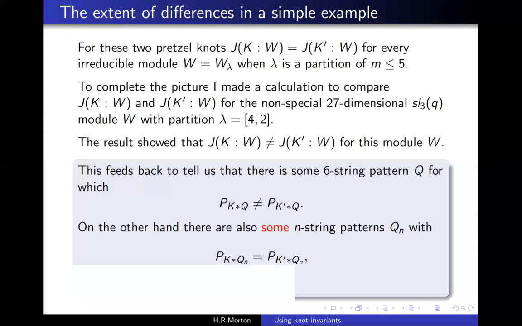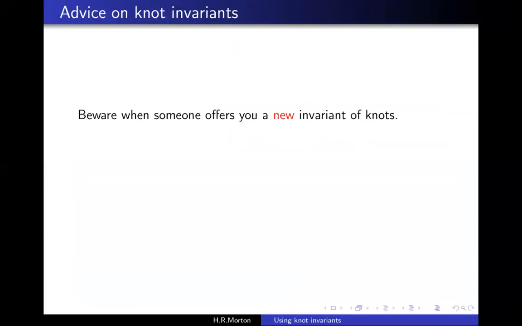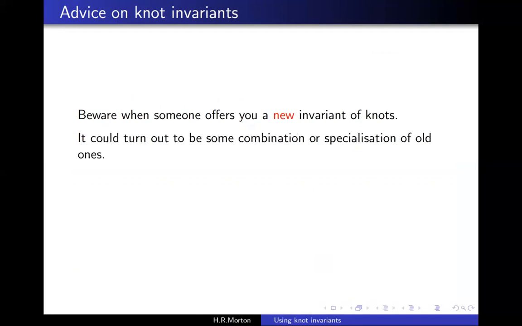So just as a sum up, beware, keep your eyes open when somebody offers you a new invariant of knots, because it's quite possible that it's some combination or specialization of familiar ones. So you need to look at it with interest and with caution.